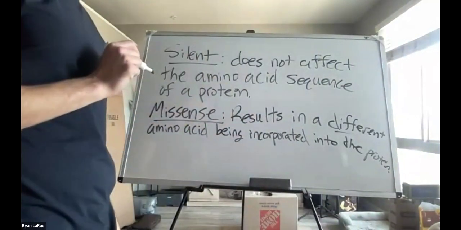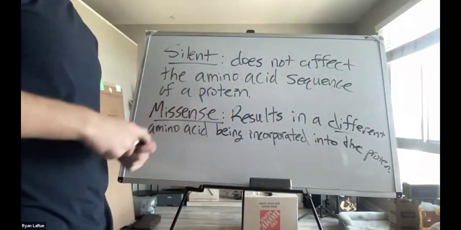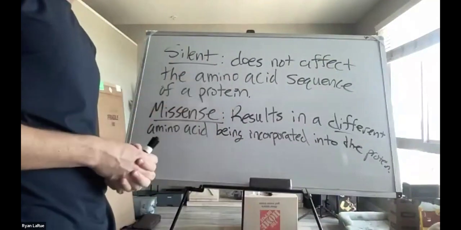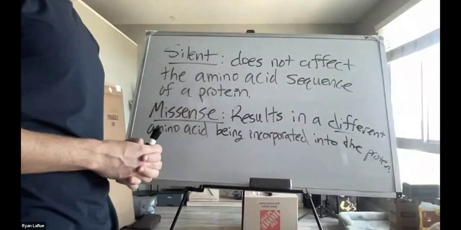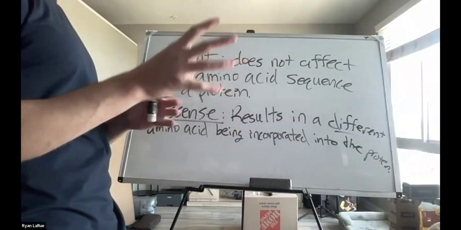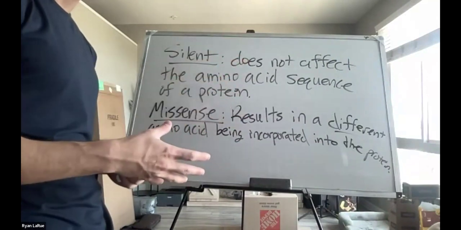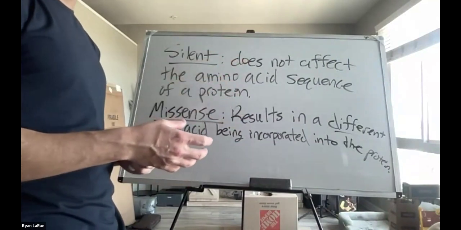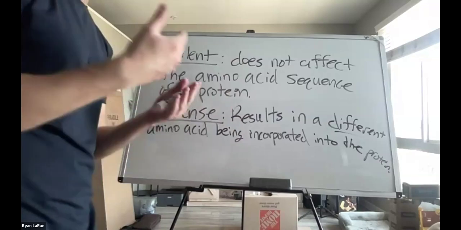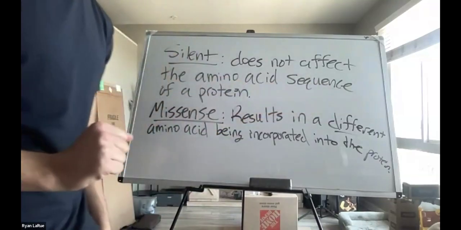So it's a change from the original amino acid that's supposed to be transferred in during translation at the ribosome. The codon has changed so that it actually codes for a different amino acid.